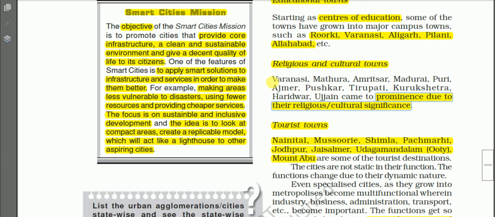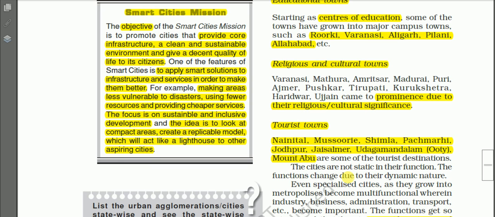And we have examples of these like Varanasi, Mathura, then Amritsar, Madurai, Puri, Ajmer, Pushkar, Tirupati, Kurukshetra, Haridwar, Ujjain.